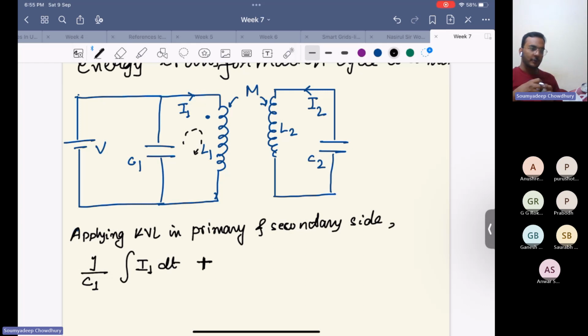And one more thing, suppose a capacitor C is there, and a current I is flowing through it. What is the voltage across the capacitor? Yes, Anushri, can you tell? I have written it here.